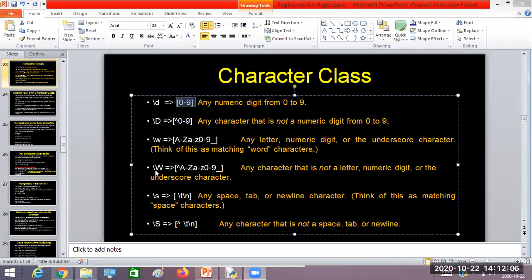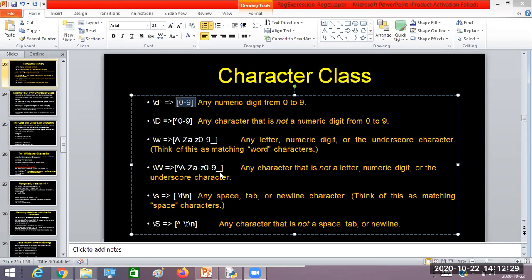Then what about backslash capital W? Capital W is a representation of this one: within the character class, negation, that is caret of A to Z, small a to z, 0 to 9, underscore. Other than uppercase or lowercase letters, numeric digits and underscore, which is nothing but the special symbols other than underscore.